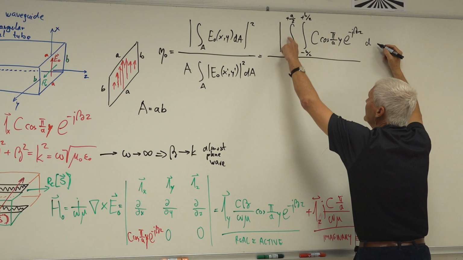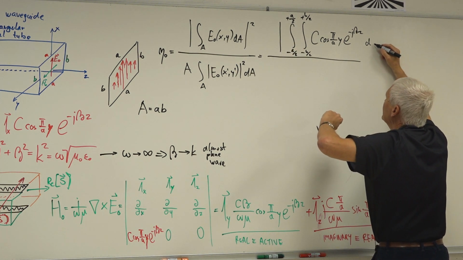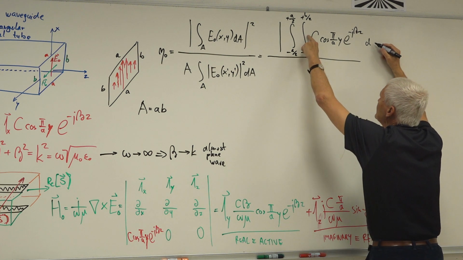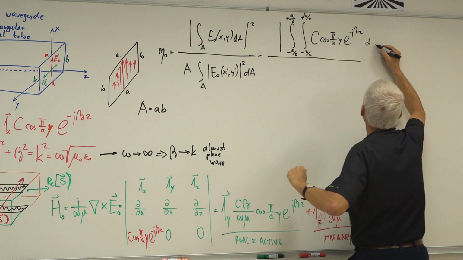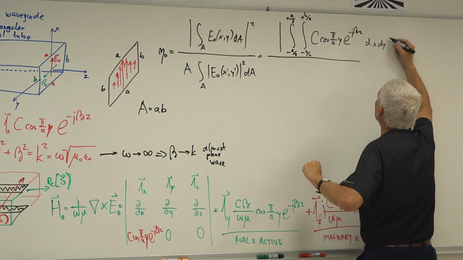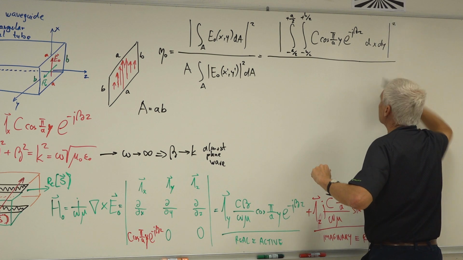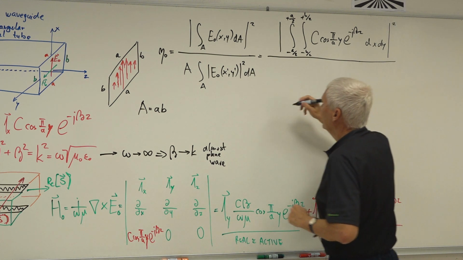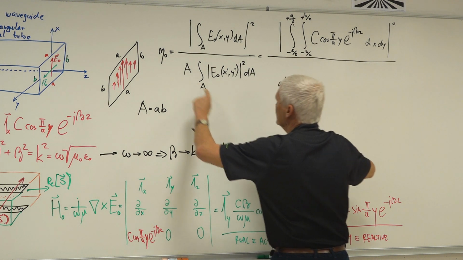The first integral goes from minus a half to plus a half over y. The integral from minus b half to plus b half goes over x, so it's dx dy, absolute value squared. In the bottom I have the area, AB.